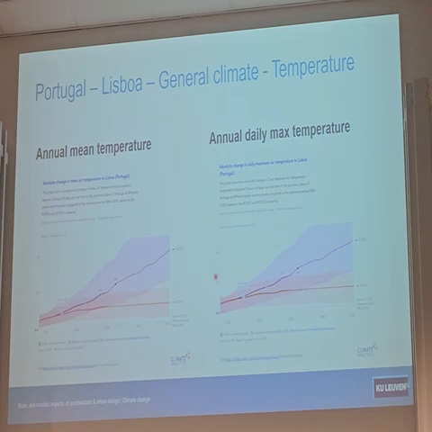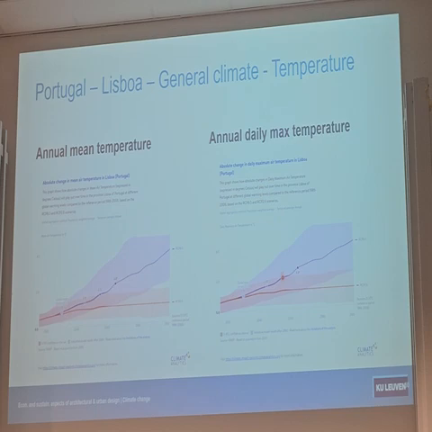An interesting thing to see is, if we look at the dot of the 2.5 degree warming world, then the annual mean temperature in Lisbon has increased by approximately 1.8 degrees. If we look at the daily max temperature, we see an increase at this point of about 2 degrees. So we see a higher increase of our max temperatures compared to our annual mean temperature.